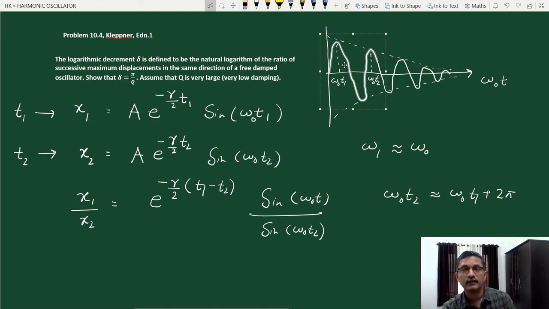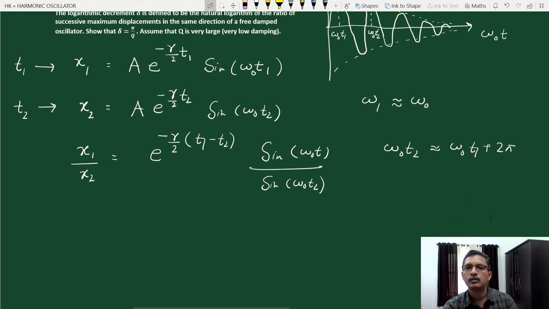In the previous problem we discussed that the difference is approximately 1 by 2Q. So this happens in successive oscillations. Therefore, between this maximum and this maximum, the angle need not be exactly 2 pi, so we can say it's approximately 2 pi. So omega 0 t1 plus 2 pi is omega 0 t2 in an approximate sense.